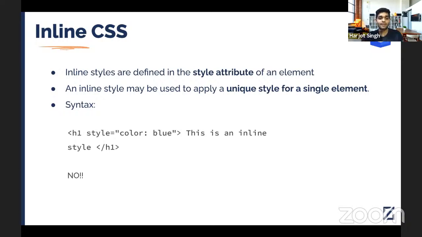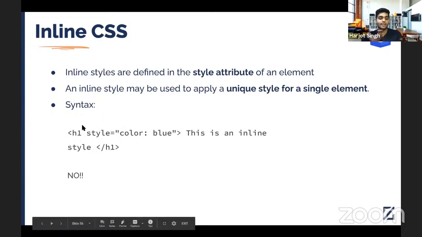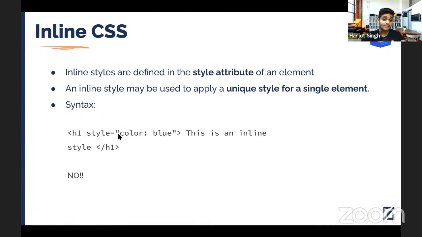Let's say h1 is an element. Akil creates that h1 element. I'm going to create a style attribute, and inside it I'm going to add the CSS code. If I want to change the font color, I'll use the declaration color and change the color to blue.